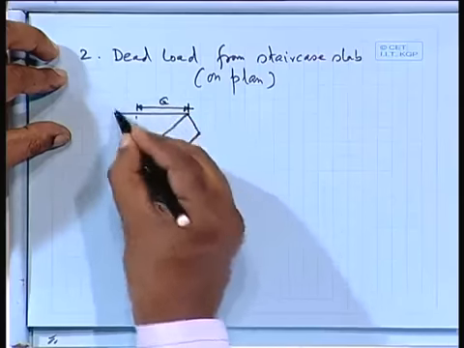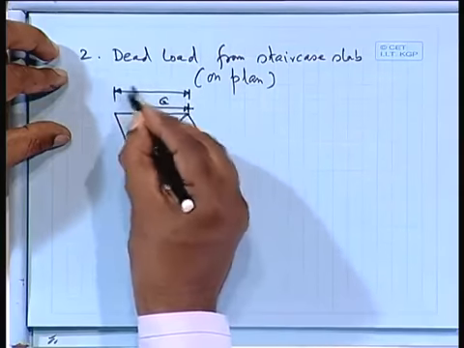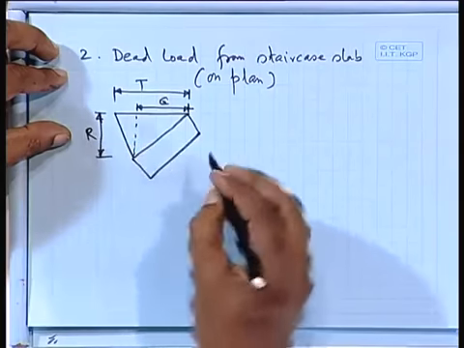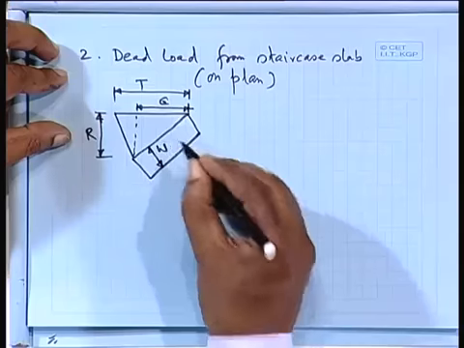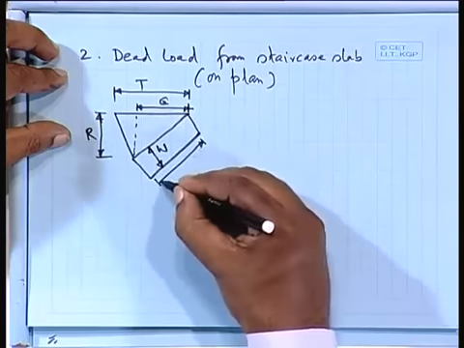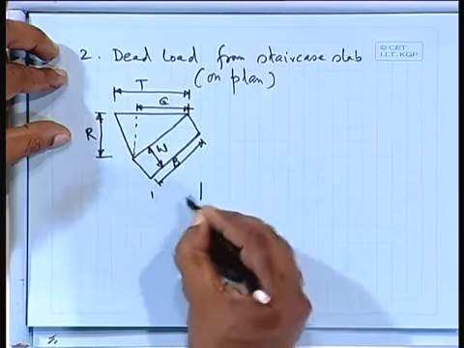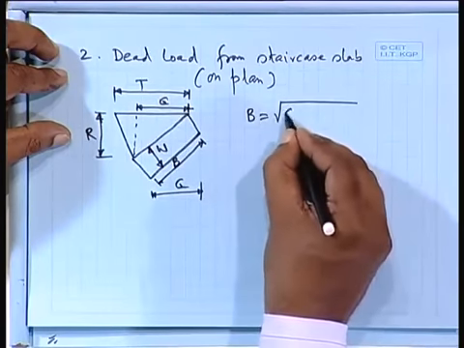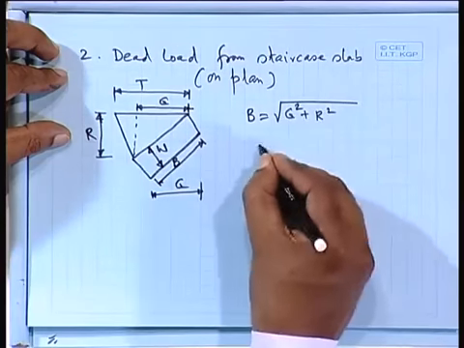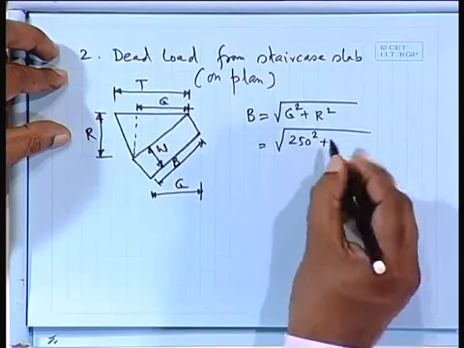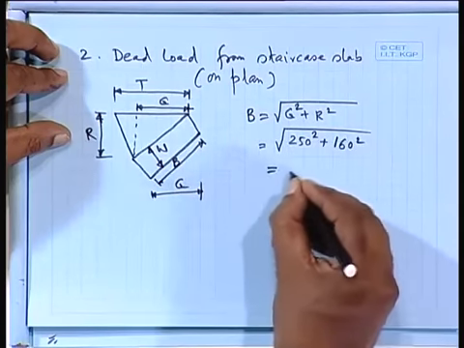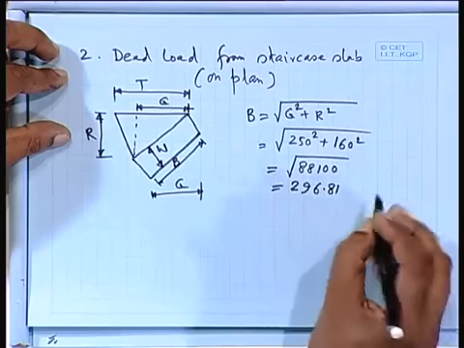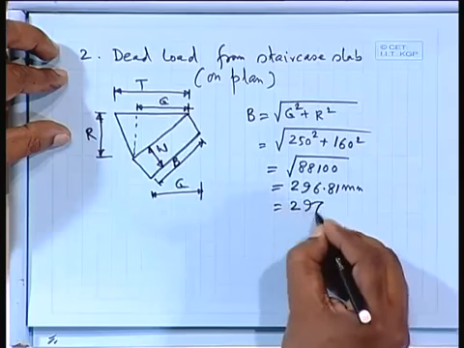So this is G, this is T, tread, this is R, rise, W, B, and this is G. B equal to root over G square plus R square, G we have taken 250, R equal to 160, equal to 296.81 millimeter, let us say 297 millimeter.